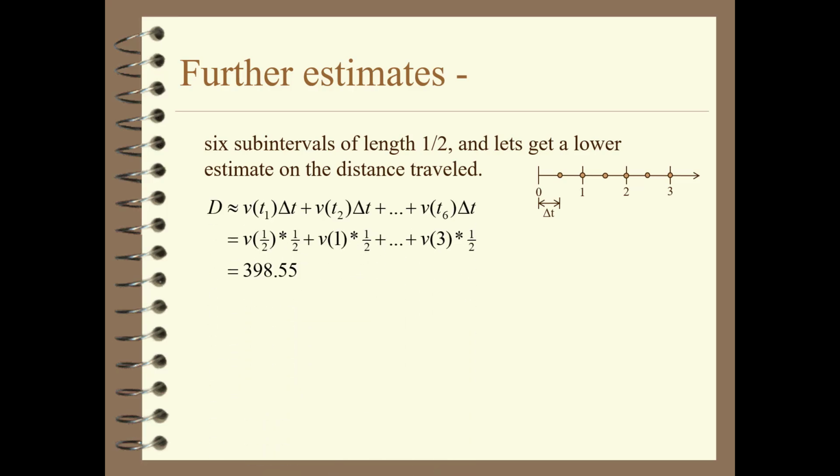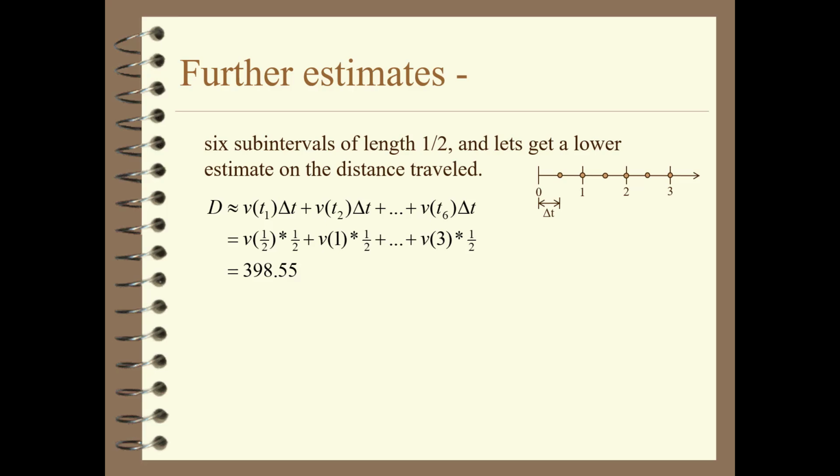So here I am evaluating the distance, which is just the velocity evaluated at some time to get my estimate speed, times the time that has elapsed, plus, and I do that 6 times total. Now in the first subinterval, that would go from 0 to a half because the subinterval is of length a half. I'll pick the largest such time value to get the least amount of speed.